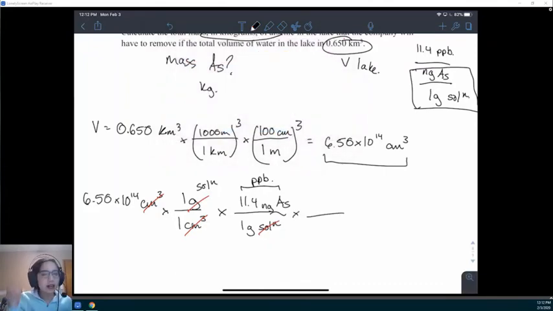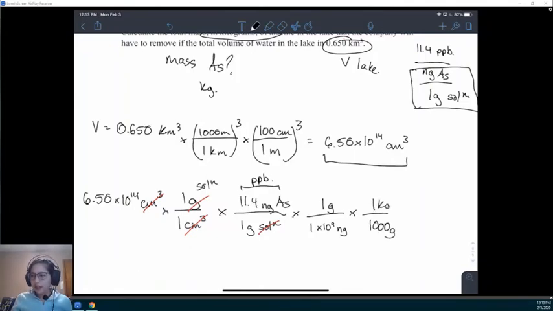So again, I don't know what nanogram to kilogram is, but I do know what it is to grams. So I know that there's 1 times 10 to the 9 nanograms in 1 gram. And then there is 1,000 grams in 1 kilogram of arsenic.